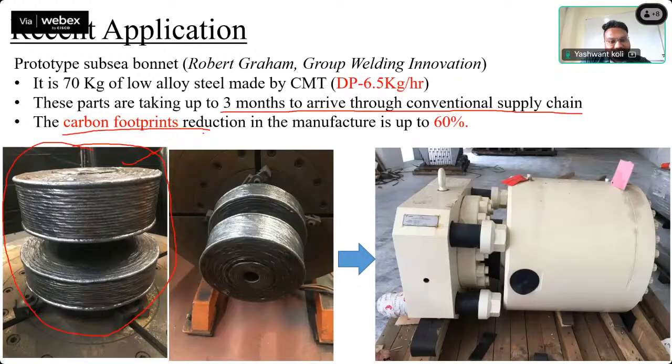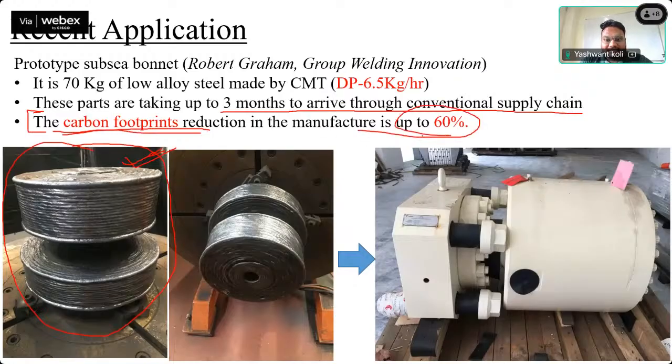So what is the advantage of fabricating through WAM CMT? We can fabricate the whole component in one go, under one roof, with less time, because of the high deposition rate that CMT has. What we are reducing automatically is the carbon footprint, by almost 60%.